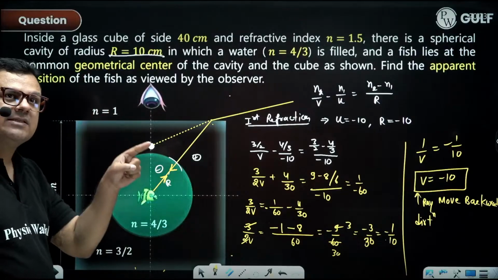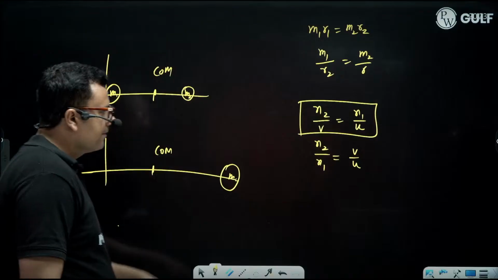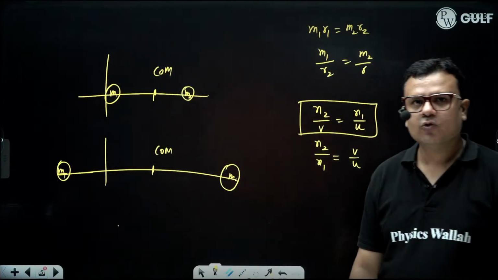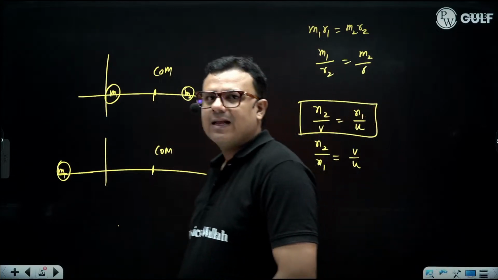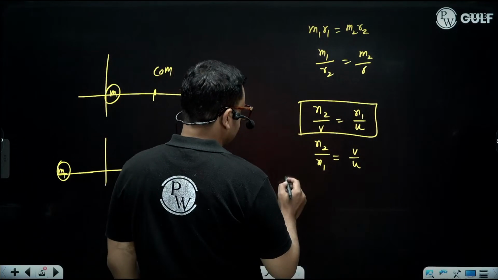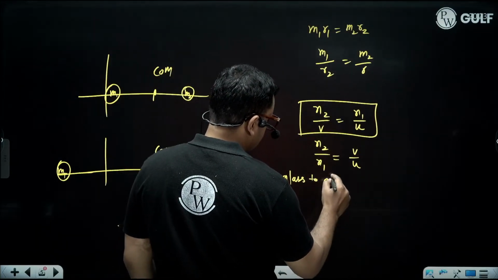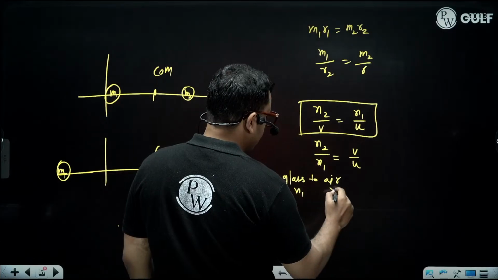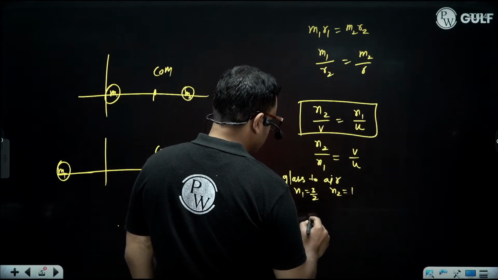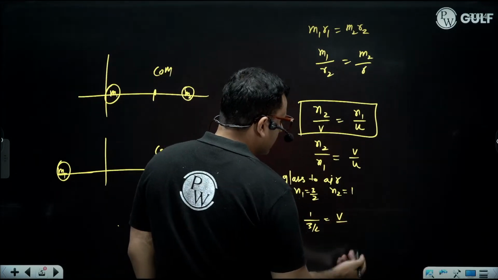When the center remains same, please pay attention, we can write down this statement, just like in the center of mass. So we go from glass to air. Glass is N1, air is N2. N1 is 3 by 2, N2 is 1. So 1 upon 3 by 2 equals V upon U.